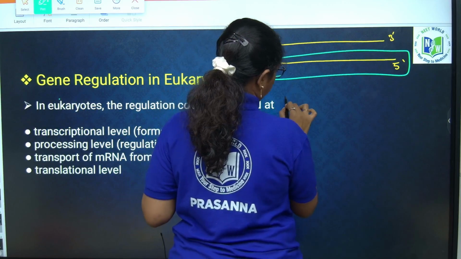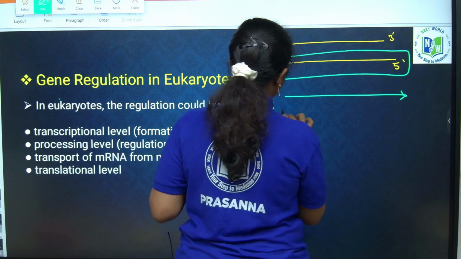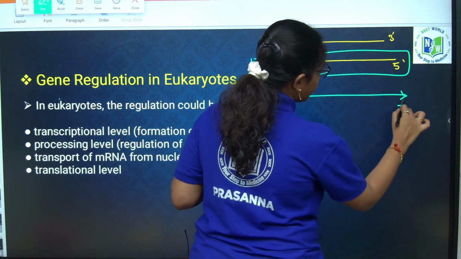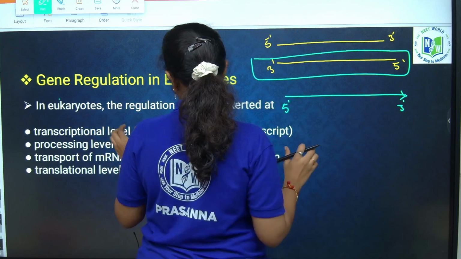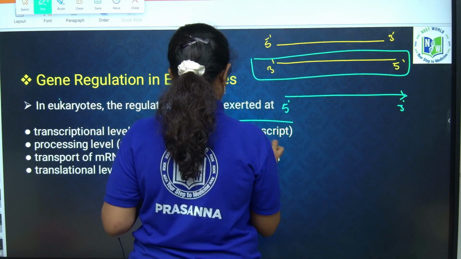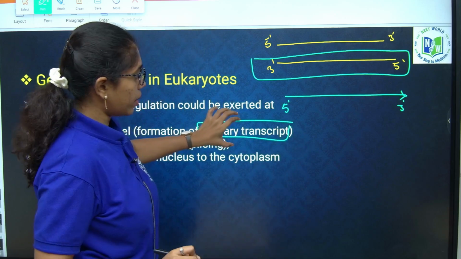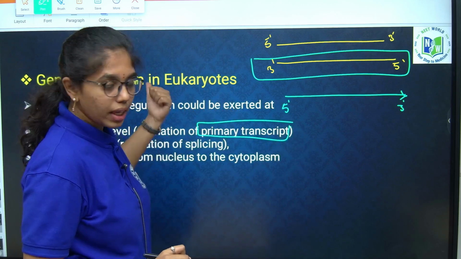Taking this as a template, mRNA is synthesized in the 5 prime to 3 prime direction. At the formation of the primary transcript, a gene can be expressed.